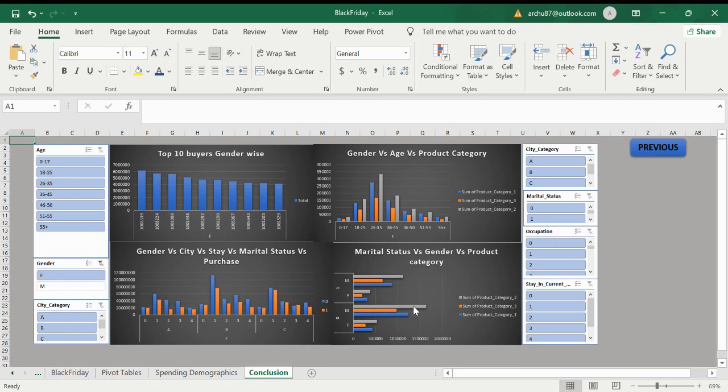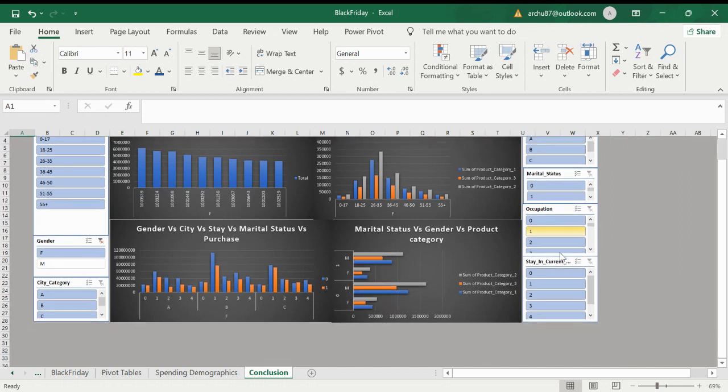So basically, unmarried people who are 36 to 45, who are in city B, and stay over 1 year are purchasing more. That's the occupation.